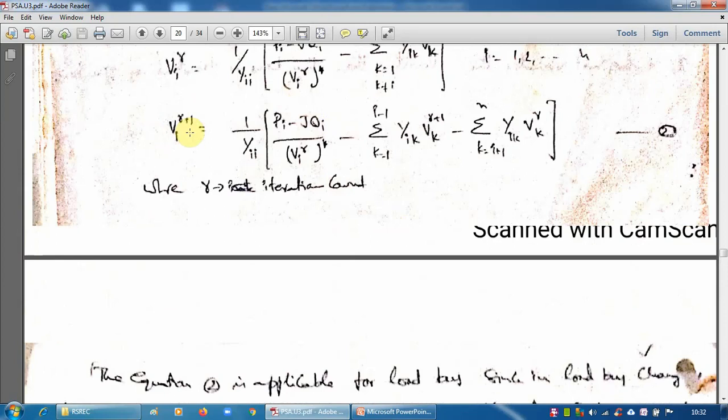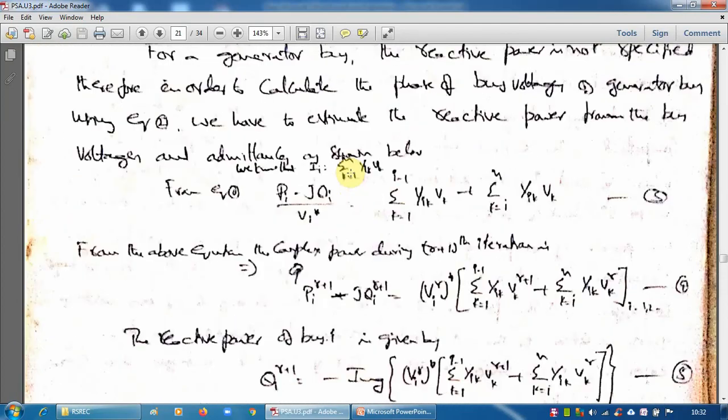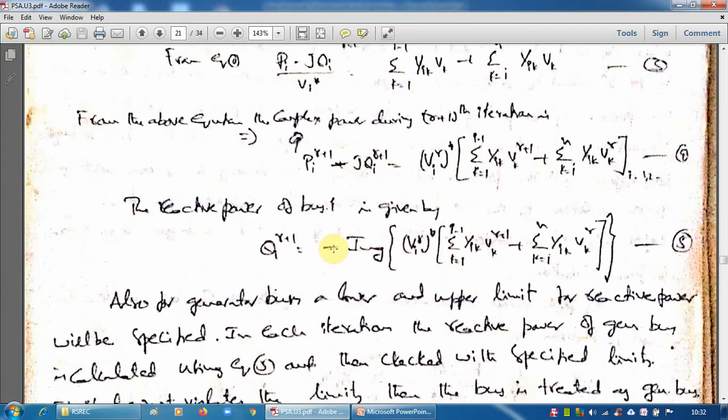Delta means the bus voltage angle, which is obtained from this voltage expression. Calculate the delta value. So again I am saying, for a generator bus P and V are given.